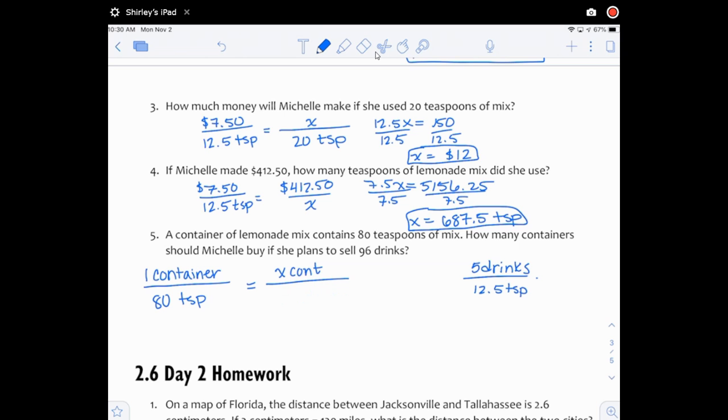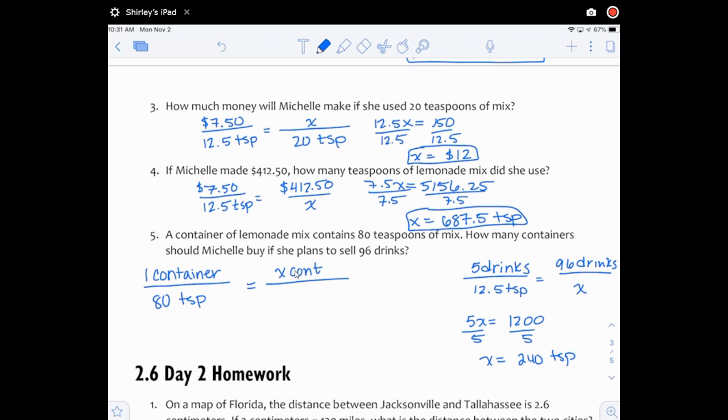I'm going to do my math work over here and do 96 drinks is how many teaspoons. I'm going to cross product to get 5x is equal to 96 times 12.5, which is 1200. Divide both sides by 5. And we get 96 drinks is 240 teaspoons.